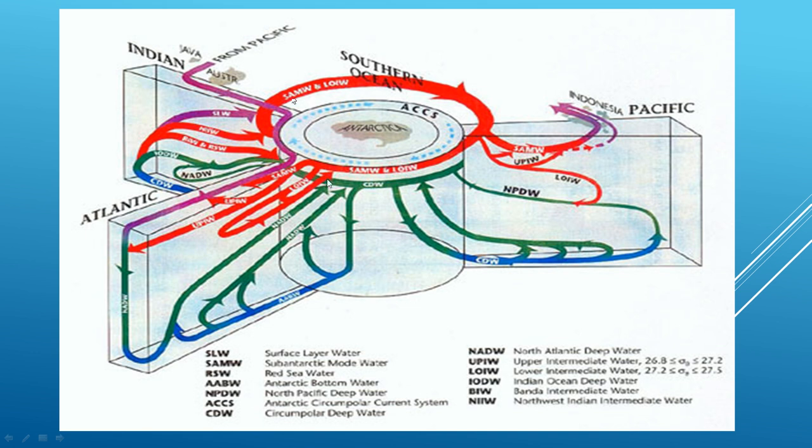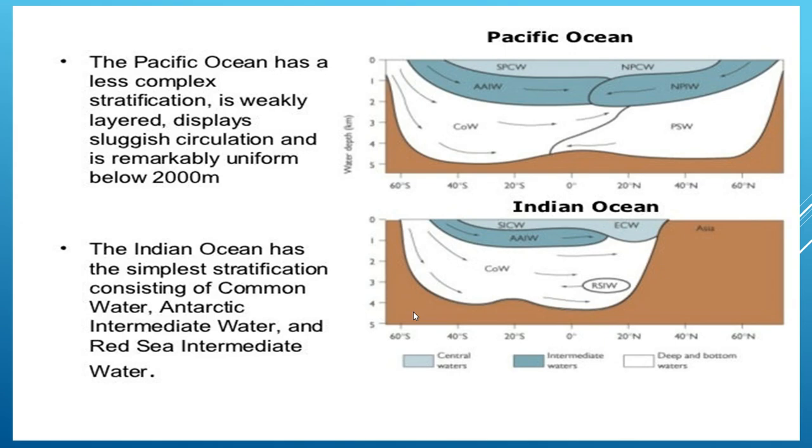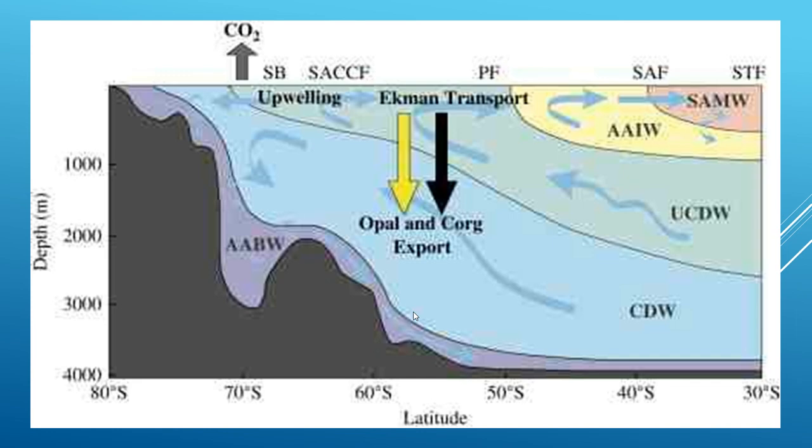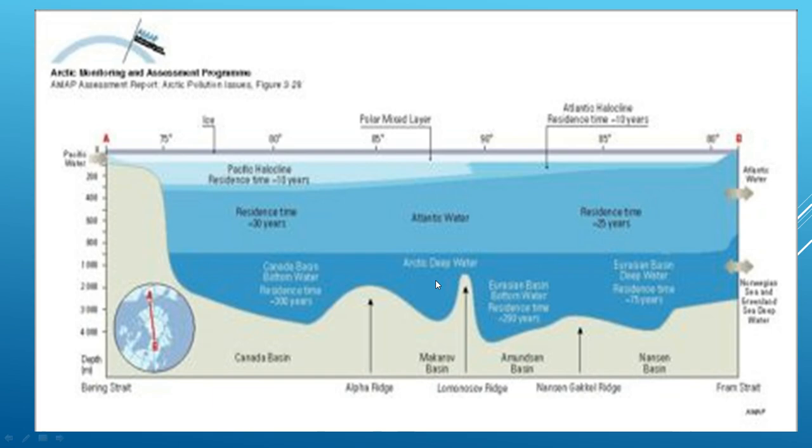Here's your circumpolar deep water, this green here. And then we have SAMW, subantarctic mode water, right here. Along with the lower intermediate water, the LOIW. By the way, in one of these earlier figures, SAMW was South Atlantic modified water. That's kind of what you're trying to get to here.